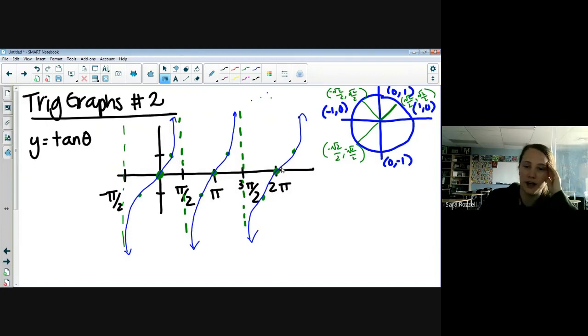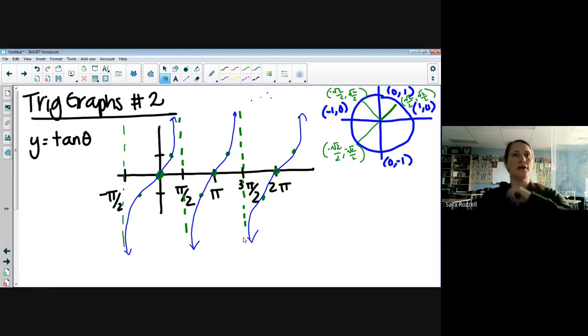Up, asymptote, up, 0, up, asymptote, up, 0. So how long did it take for me to get back to my starting point where I repeated my process again? I'd go from 0 to pi. Do you see how it starts over again at pi? I'm just repeating this section each time. Up, asymptote, up to 0.